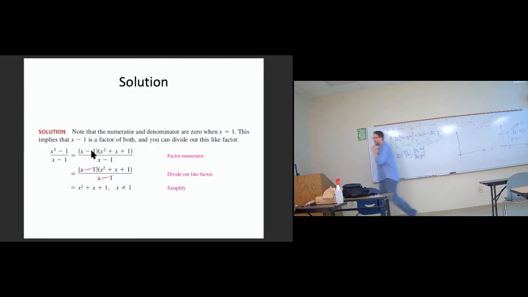And what we're saying here, when we simplify, when we divide out, is that this thing is identical to this everywhere, except at x is equal to 1. So the limits of this will be the limits of this. Because it's about what y approaches as x approaches a number, right?